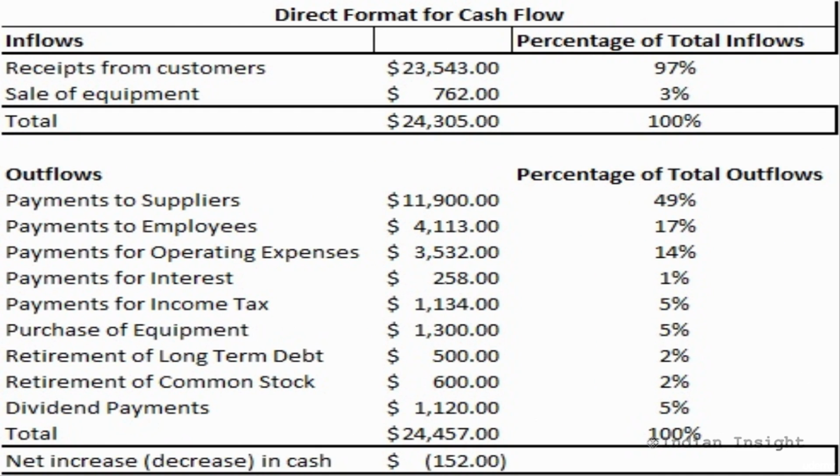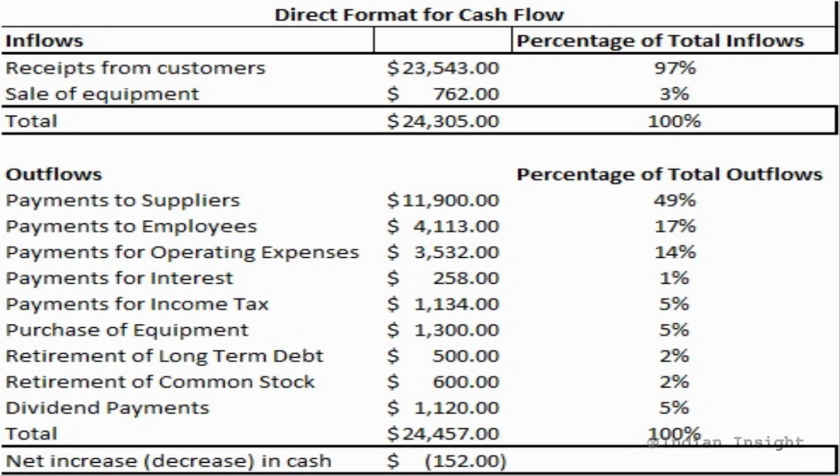Now in this example for this company, we see that in case of the inflows, the common size statement is telling us that around 97% of the inflows came through receipts from customers and only close to 3% of the receipts came through sale of equipment.